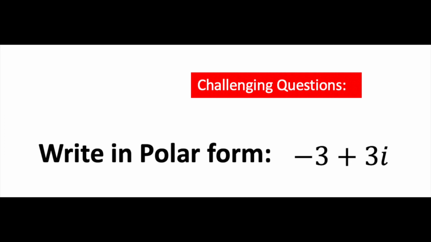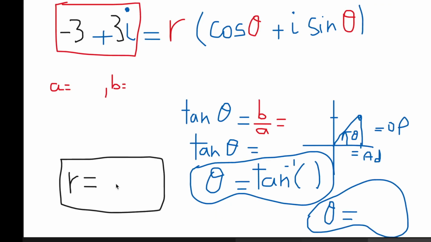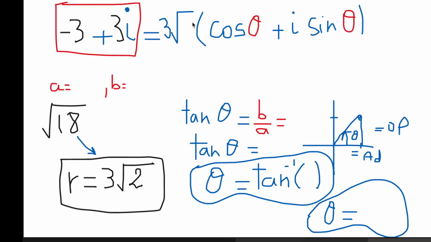Here's a challenging question, negative 3 plus 3i. To do this, we do the same actually. We calculate R, which is 3 square root of 2. You can get square root of 18, but it simplifies to 3 square root of 2.